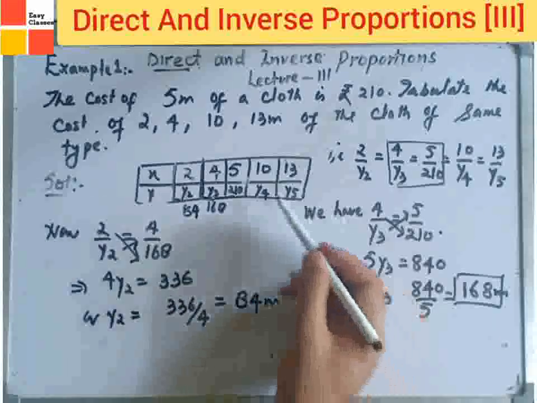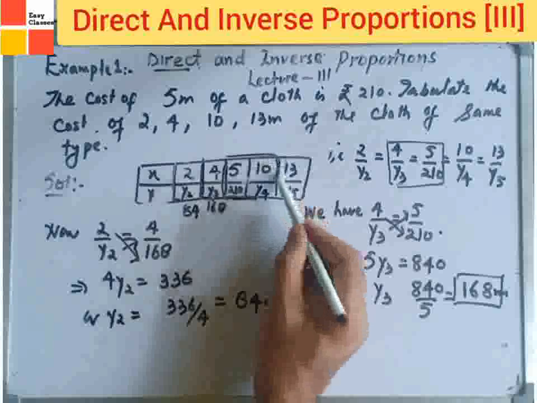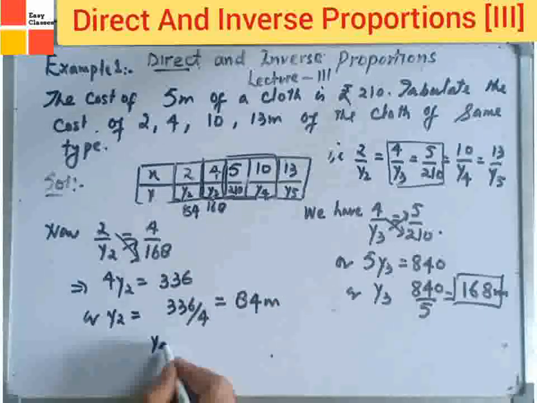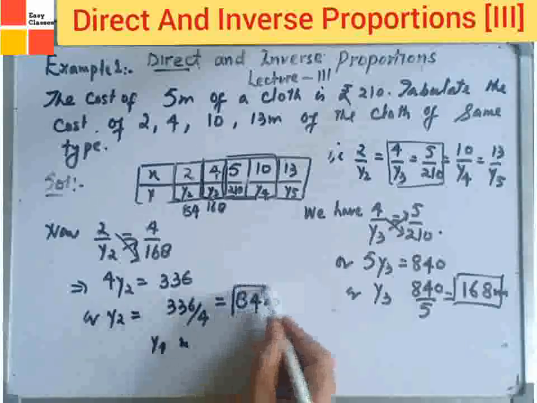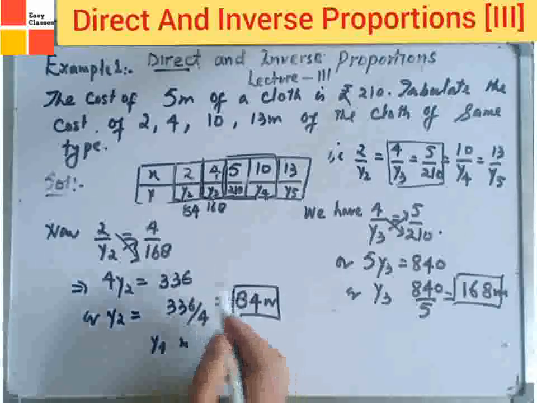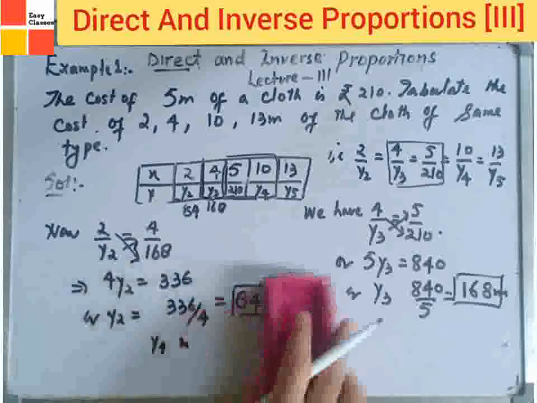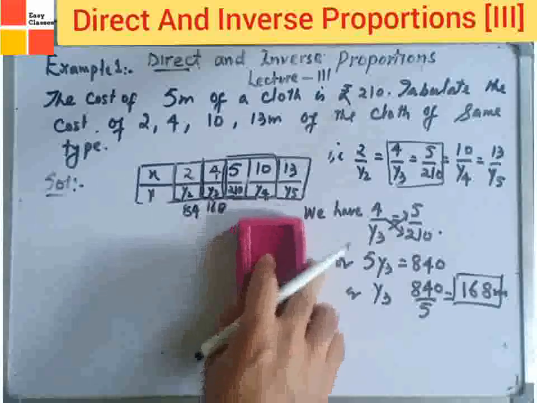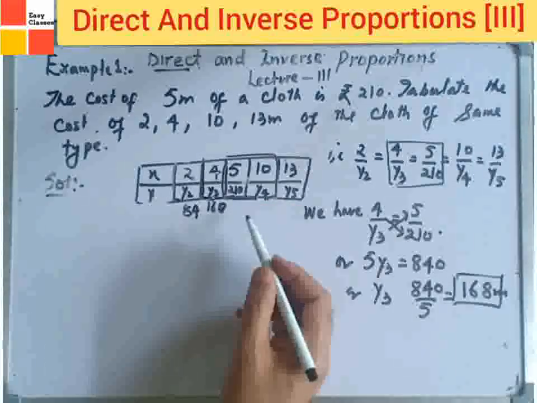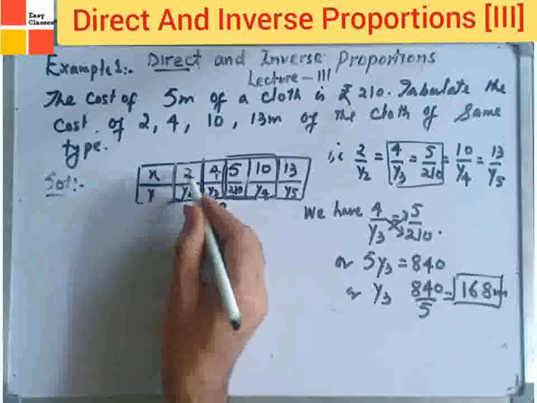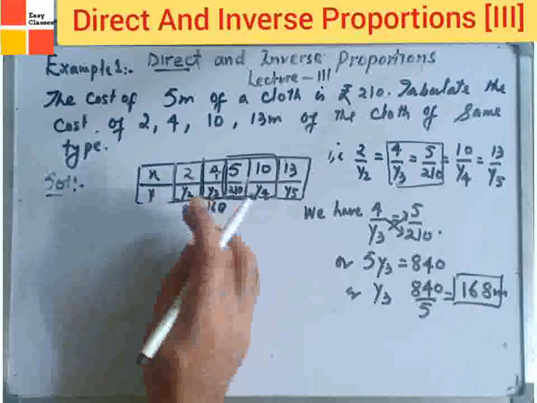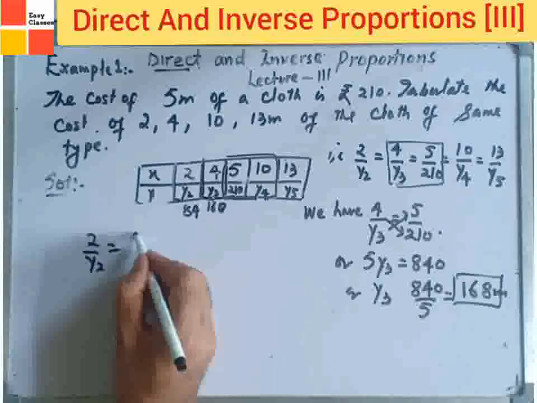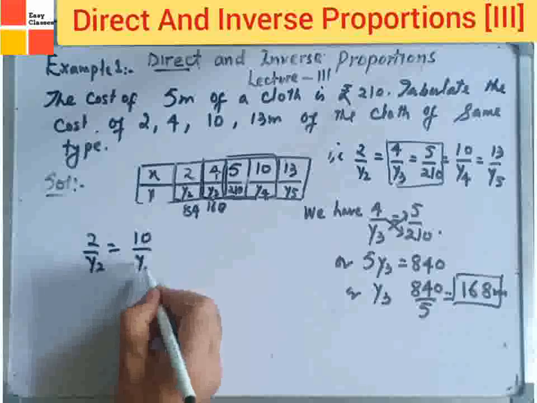Similarly, now you can compare these two, then these two, and you will find the value of y4 and y5. So this is y2 is equal to 84. Let me rub this now, because there is not that much space. Now let's try comparing any of the two numbers. You can compare 2 divided by y2 is equal to 10 divided by y4.